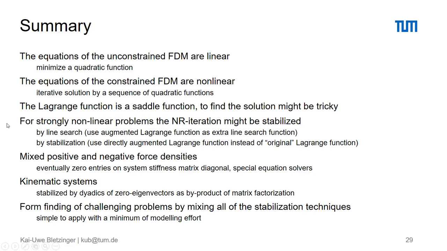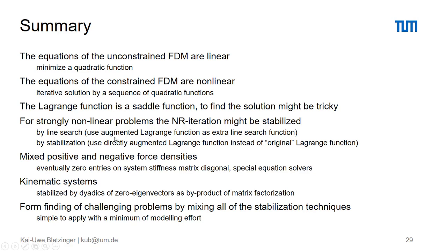For strongly nonlinear problems, the Newton-Raphson iteration might be stabilized, and we have different techniques, all of which are based on what is called the augmented Lagrange function, where we add to the basic Lagrange function extra penalty terms with a penalty factor, where the constraint functions appear quadratic.